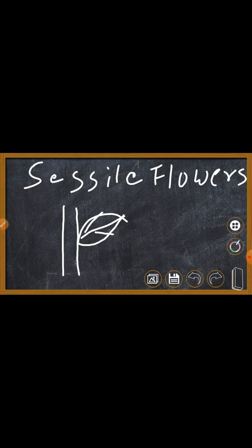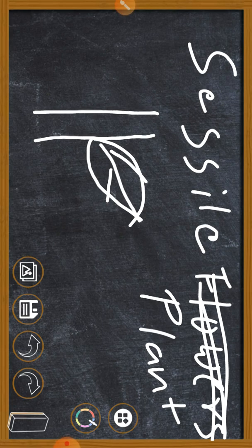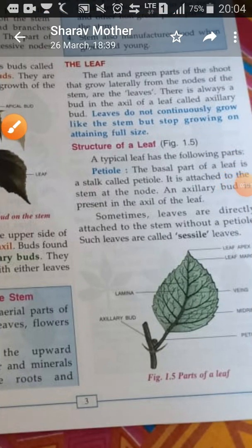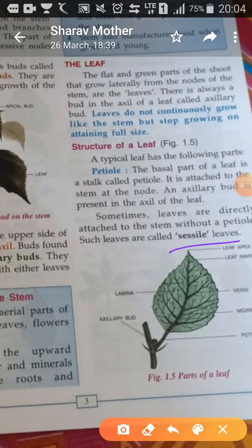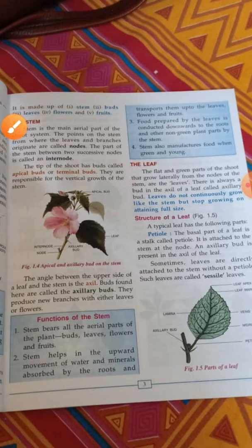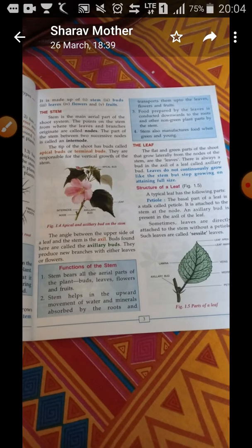Sorry, it's not sessile flowers, it is sessile leaves. Sometimes leaves are directly attached to the stem without a petiole. Such leaves are called sessile leaves. Where they are directly attached to the stem, those kinds of leaves are what you call sessile leaves. Now we move on to the next portion.